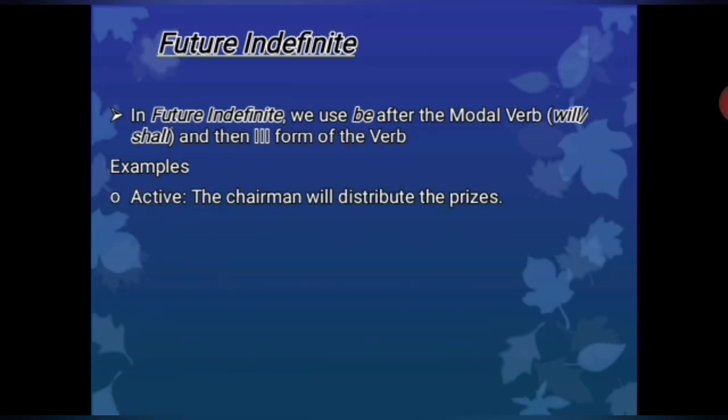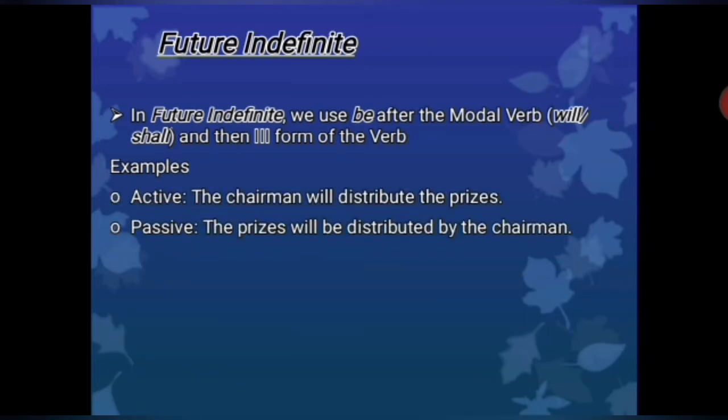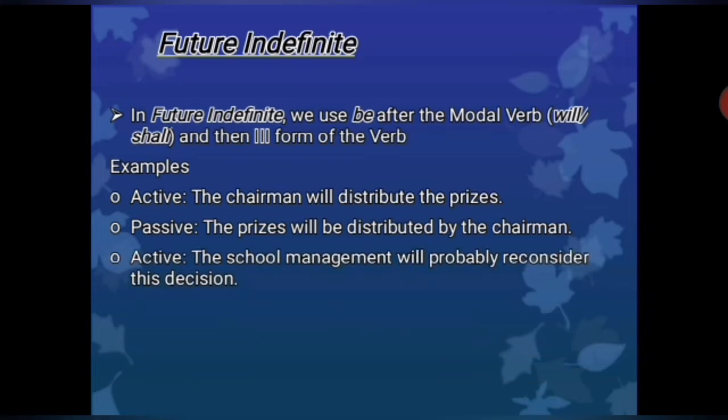Now see the example. The chairman will distribute the prizes. So what is our object? The prizes. Then the modal verb is will. Then we use be. The prizes will be distributed, the third form of the verb distribute, by the chairman. See another example. The school management will probably reconsider this decision.